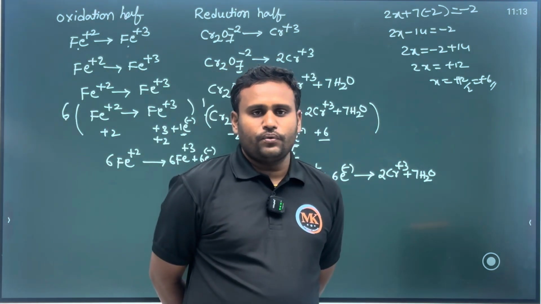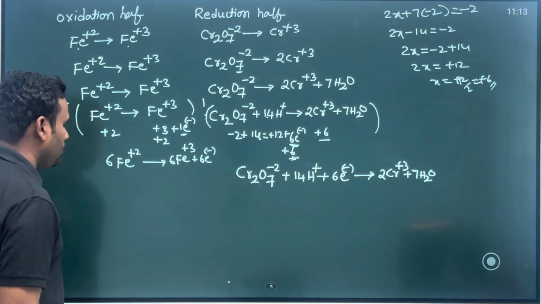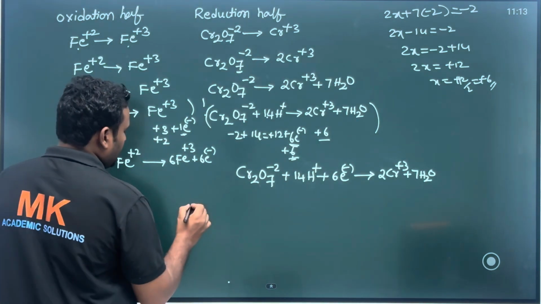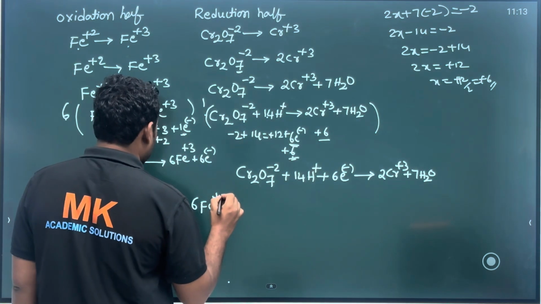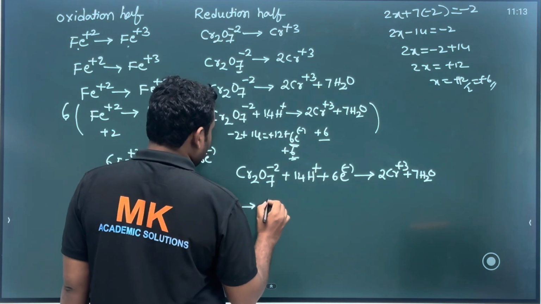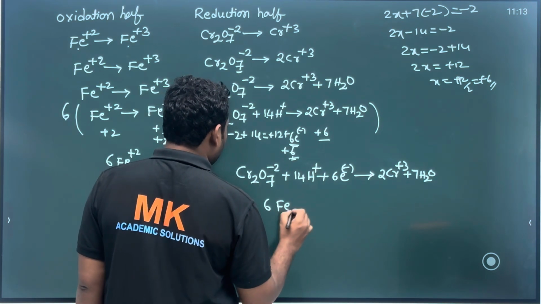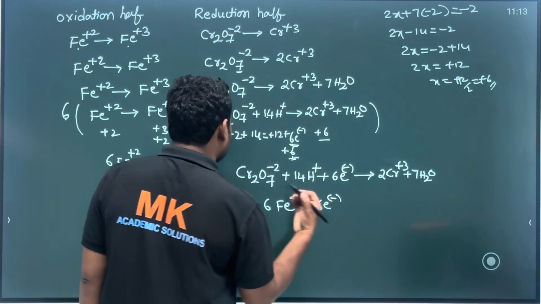What we need to do now, children, is add them like algebraic expressions. So 6Fe²⁺ gives rise to 6Fe³⁺ plus 6 electrons.